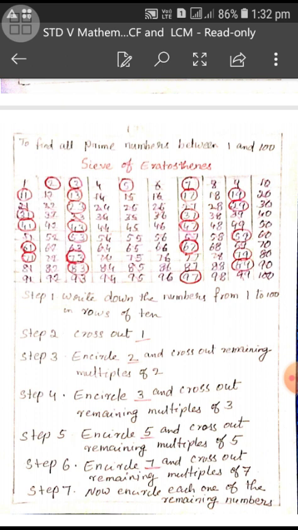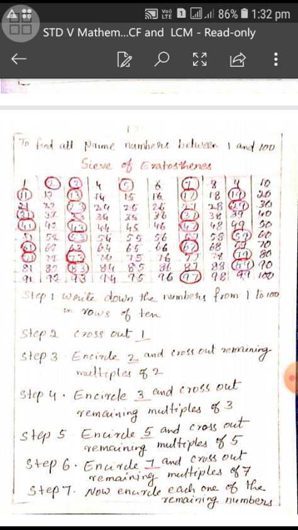But the Greek mathematician Eratosthenes devised a simple method for finding all prime numbers between 1 and 100. The tabular arrangement of prime numbers obtained below is known as the Sieve of Eratosthenes. This method is used to find the prime numbers between 1 and 100.